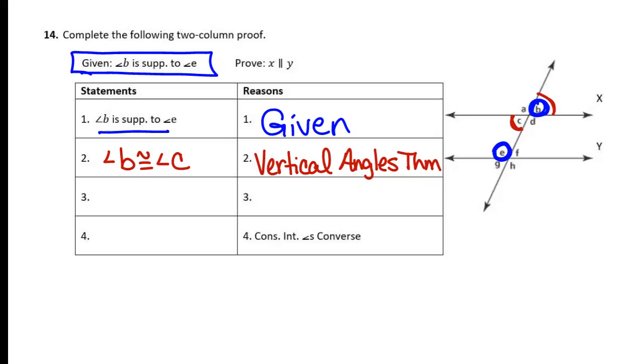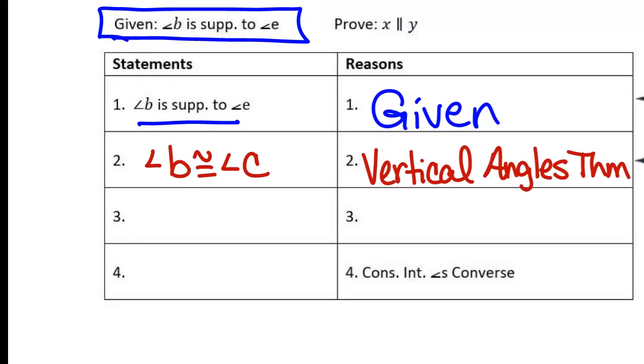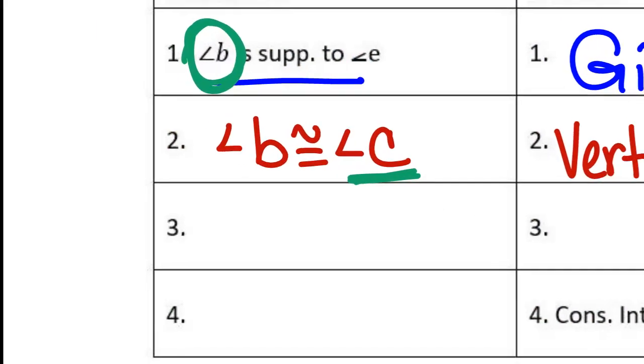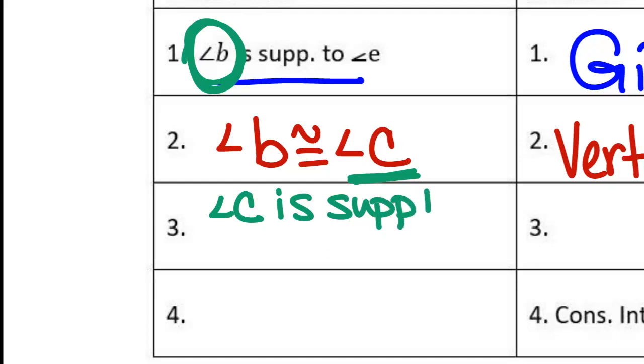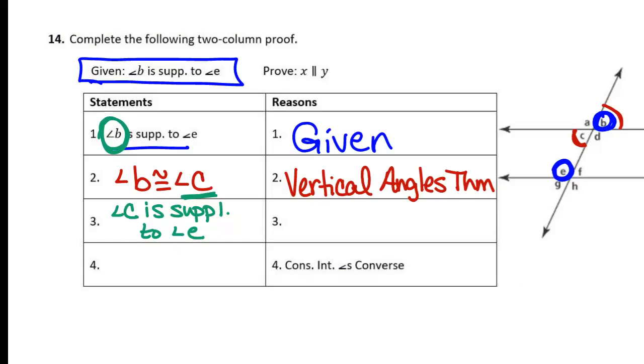Well, if B is supplementary to E, and B and C are the same size, then could I swap the B out and put C in its place? So then that would give me that angle C is supplementary to angle E.